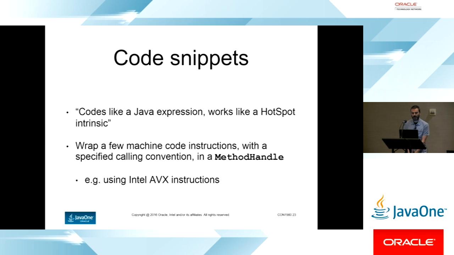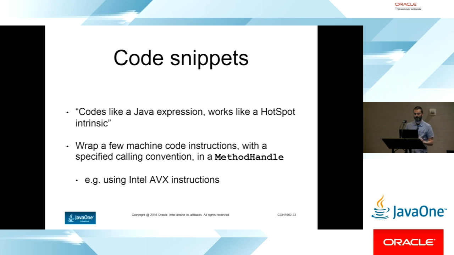So code snippets, the mantra I have, which is not quite accurate, but I think gets the point across, is that it codes like a Java expression and works like a hotspot intrinsic. You can think of it like that. What we want to do, this is an experiment to lower the barrier or make it easier for us to experiment further with vector-style computations. If we had to do this at the hotspot level in C++, this would be hard work. So we want to speed up our innovation here.